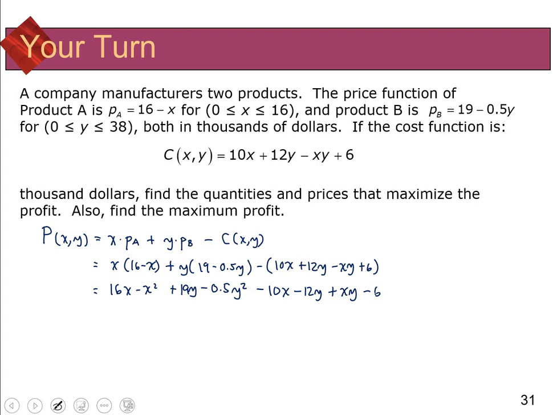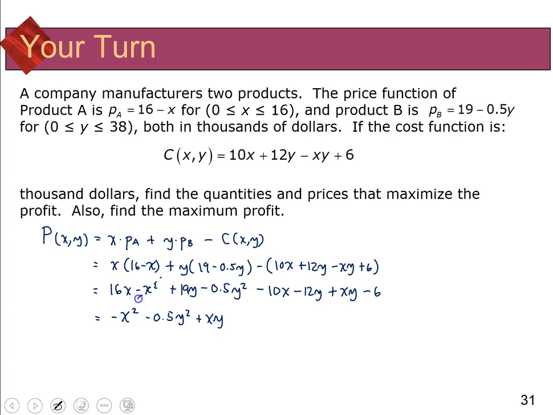I do have a couple of like terms to combine, but I'm going to put it in order as well. So negative x squared minus 0.5 y squared plus xy.